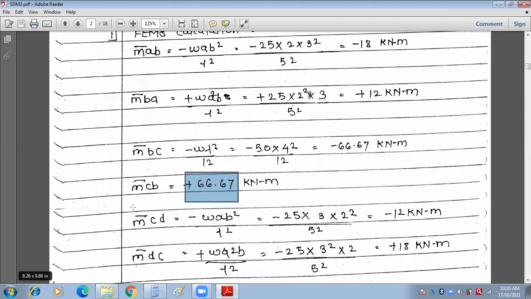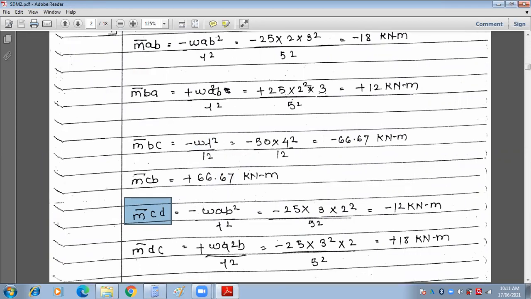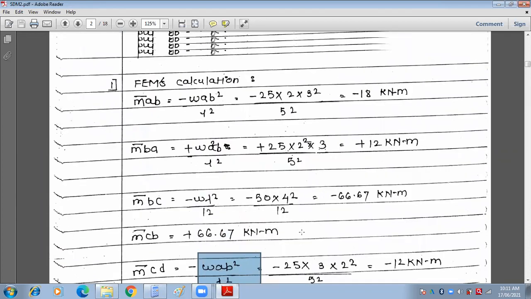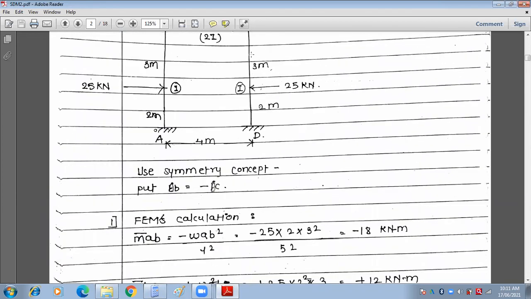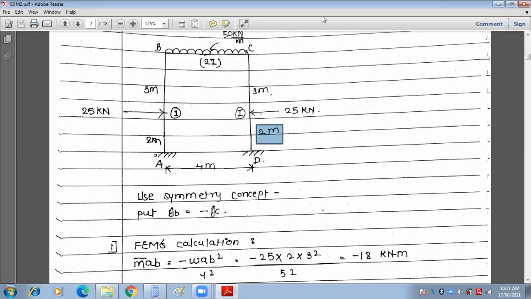Now similarly for the span CD, it again contains the same eccentric point load. Therefore, the fixed end moment is W a b square upon L square. Here 25 into 3 into 2 square divided by 5 square. How have we made this arrangement?